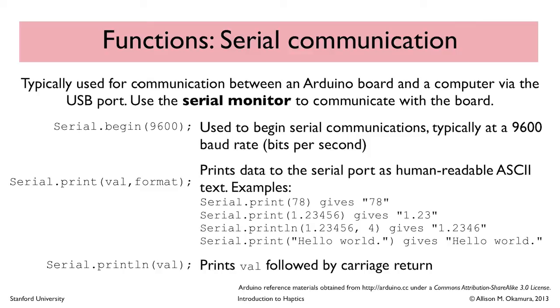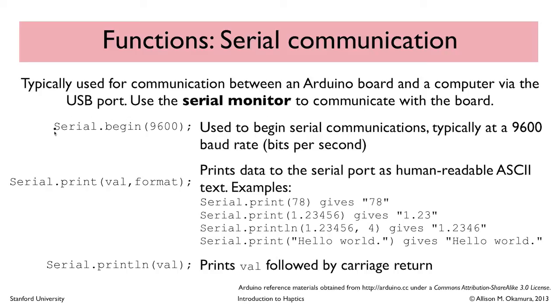Serial communication functions are also really useful because it allows you to communicate between the Arduino board and the computer via the USB port. Naturally, that communication is already set up in order to download your code onto the HapKit board, but you could also in real time during your program use the serial monitor to communicate with the board.